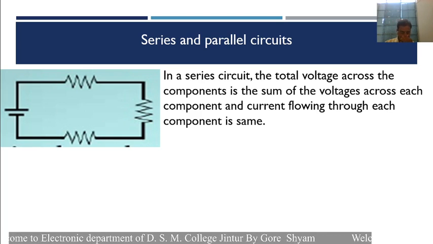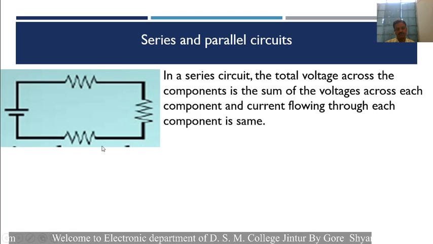In a series circuit, the total voltage across the circuit is the sum of the voltage across each component, and the current flowing through each component is the same. But the voltage across each component is different, and such a circuit is known as the series circuit.